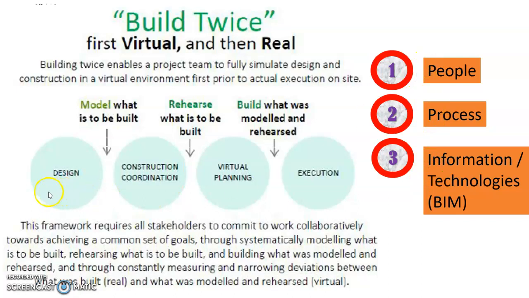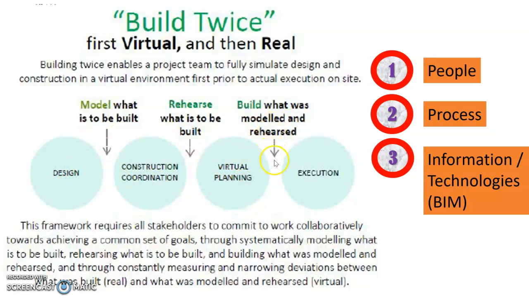So in the design stage, the model, what is to be built, we can go from here, from the design stage, to here, and then after that we can start to do our construction coordination in the virtual world, or we rehearse what is to be built. And that allows us to have a very effective planning again in the virtual world. Then after that, we build what has been modeled and has been rehearsed.